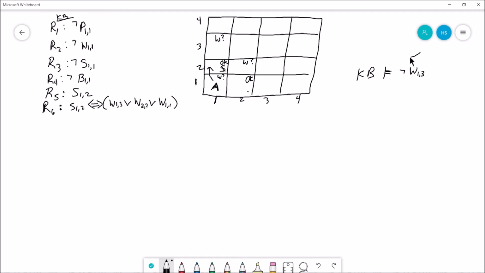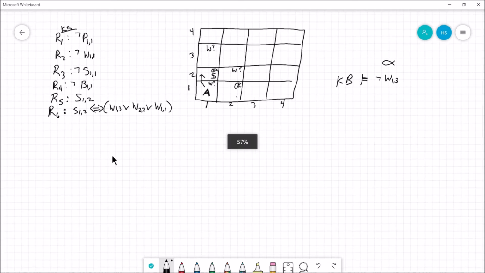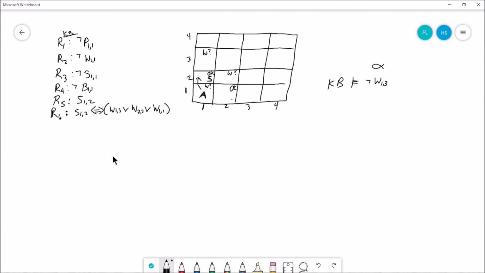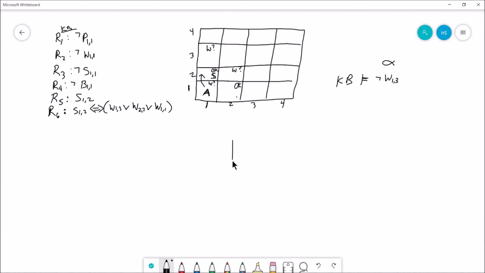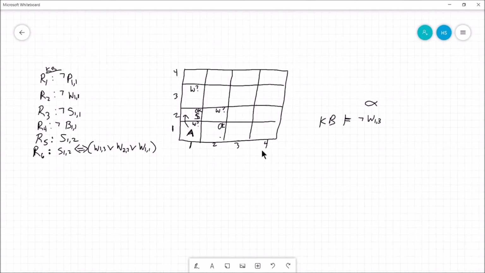So that sentence right there would be my alpha. So how am I going to figure that out? Well, I'm going to use a simple inference algorithm. And what that inference algorithm does is it has you create a truth table.